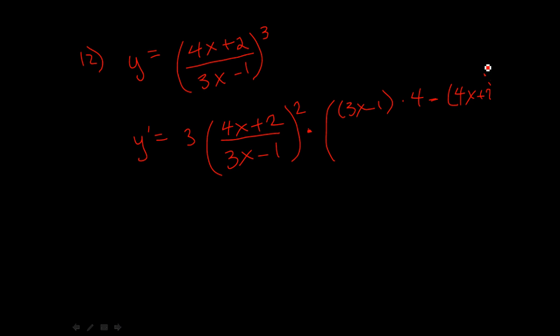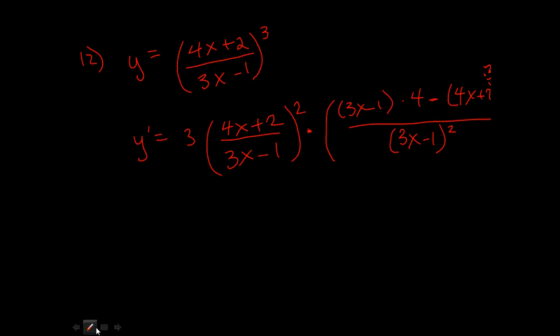Plus 2 times d low, which is 3. So that's a 3. And it should go next to the 2 there. All over low low, which is 3x minus 1 squared. And then this whole thing, you would close off the parentheses here. So that would be your derivative. That's all you have to do. So again, low d high minus high d low is right there, all over low low.